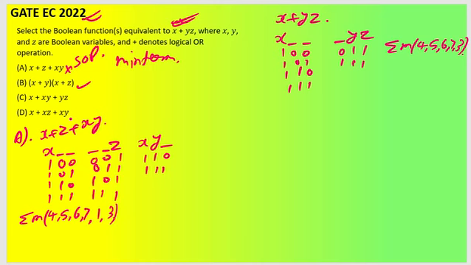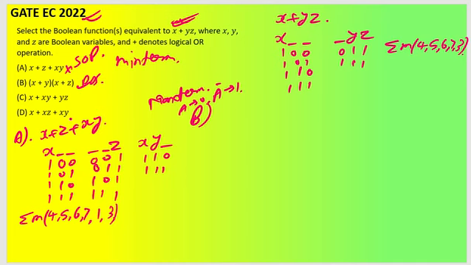Similar to that, we can have B first. So let us talk about B. In B we have x plus y into x plus z. This is my product of sum form. In that I will go ahead with multiplication or max term, right? In max term, my a is going to be 0 and a bar is going to be 1. So this is how we are going to proceed.